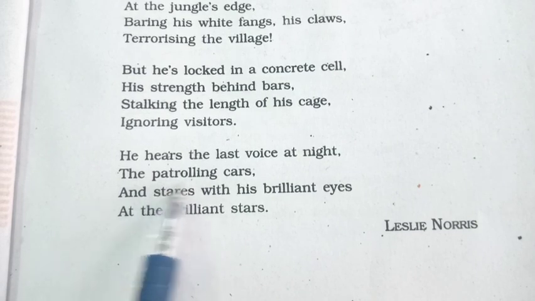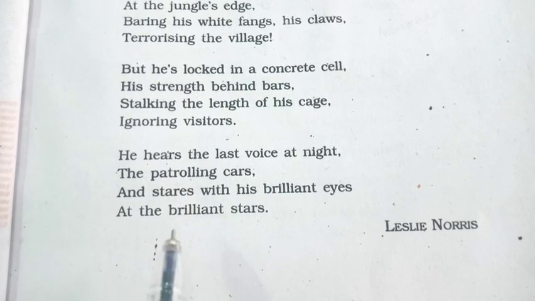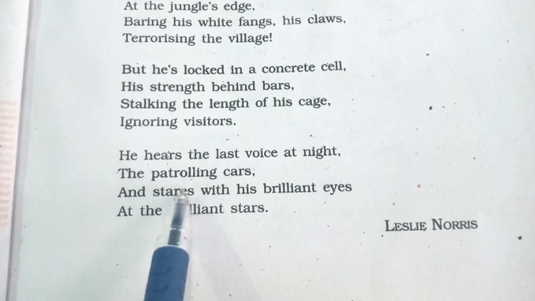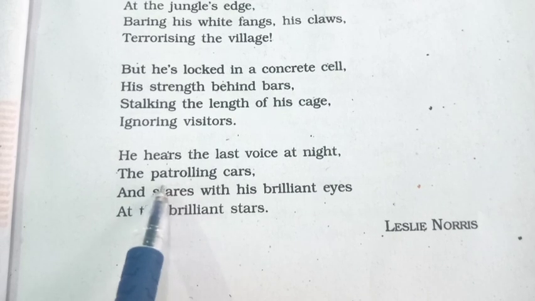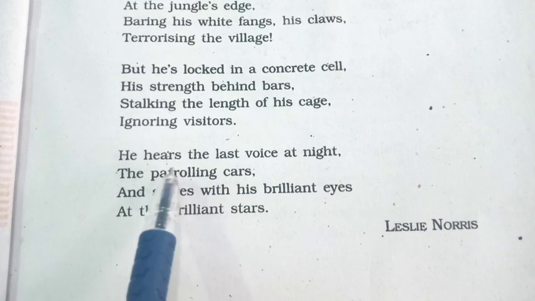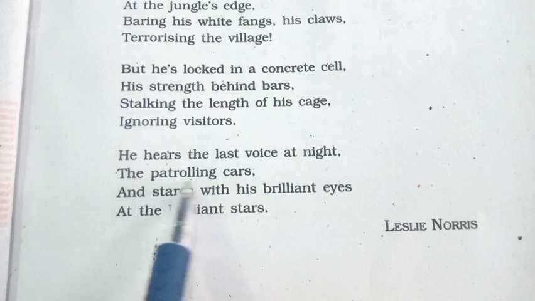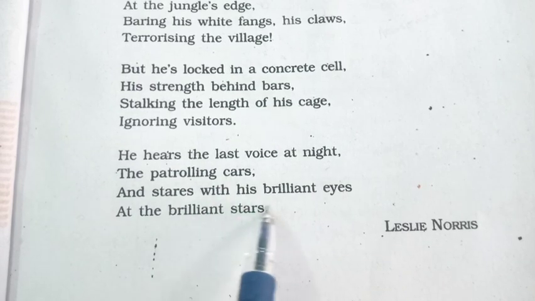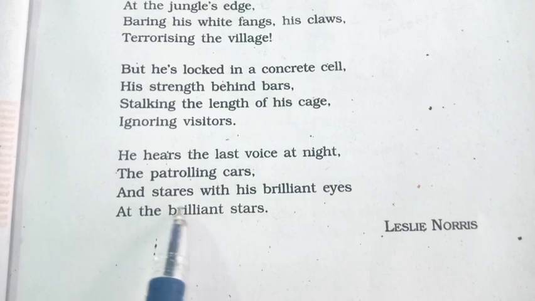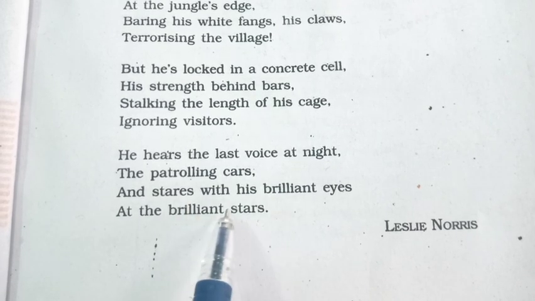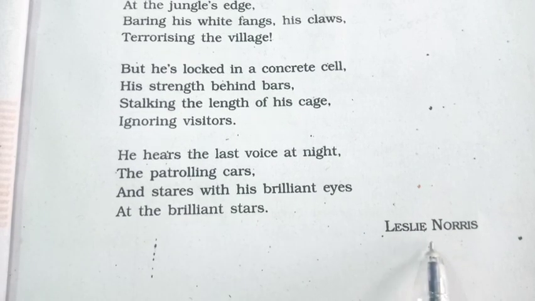Some cars are moving around at night, cars of police and hunters. So at night he can hear the loud sound of the patrolling cars and stares with his brilliant eyes. He looks around intently at who is coming, with his brilliant stars. So this is all about the poem of Leslie Norris.